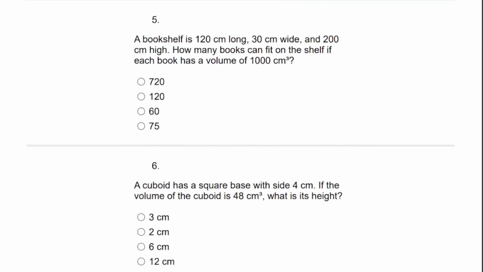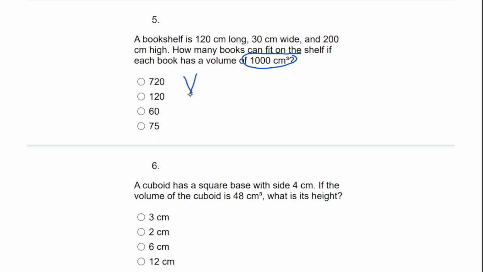Now, for question 5, we have a bookshelf that is 120 centimeters long, 30 centimeters wide, and 200 centimeters high. How many books can fit on the shelf if each book has a volume of 1000 centimeters cube? So which means the book has 1000 centimeters cube. So we want to look at how many books this shelf can hold. So which means that we need to calculate the volume of the shelf.